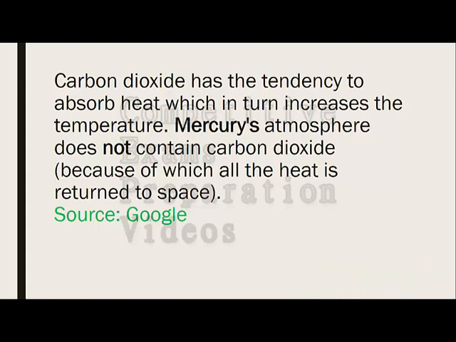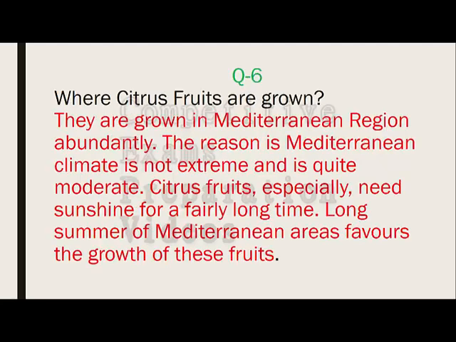If carbon dioxide is found on any planet, it has a tendency to absorb heat. So if there is no carbon dioxide, that is why Mercury is not the hottest planet in the solar system. Venus is the hottest planet because carbon dioxide is found in its atmosphere.